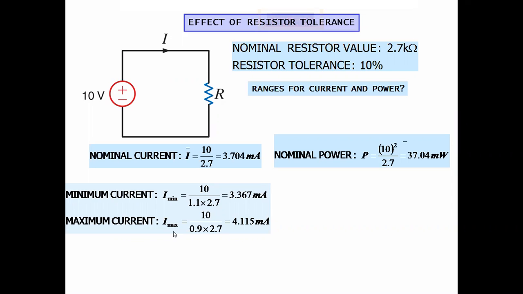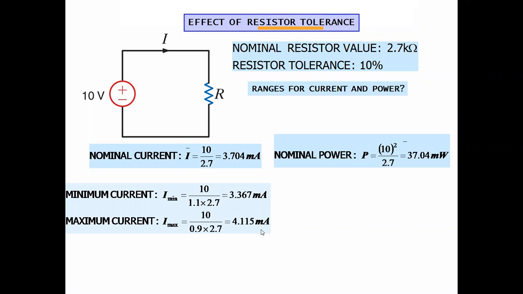Similarly, the maximum current for the given circuit we can calculate using the formula V by R. Here the value of R is different. We have to reduce 10% from 2.7, so a 0.9 factor is considered. So Imax will be 10 divided by 0.9 into 2.7.